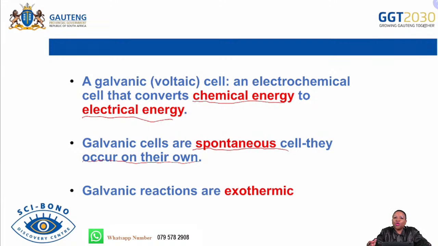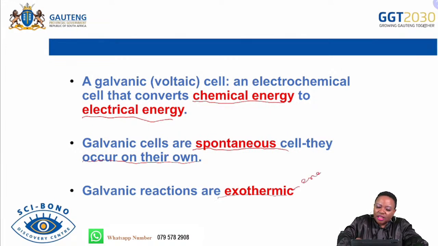So they occur on their own, spontaneously. And also, as we are going to form electrical energy at the end of each reaction, we will say these are exothermic reactions, meaning that energy is liberated or given off as electrical energy. So energy is formed as electrical energy.